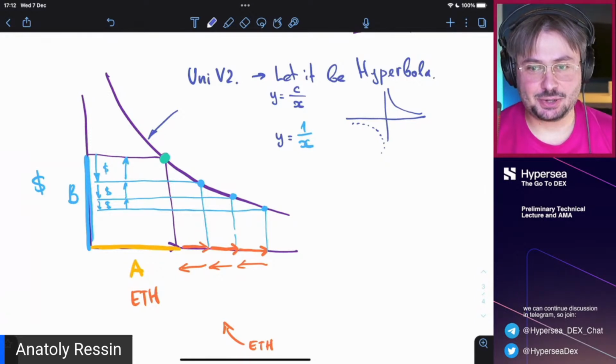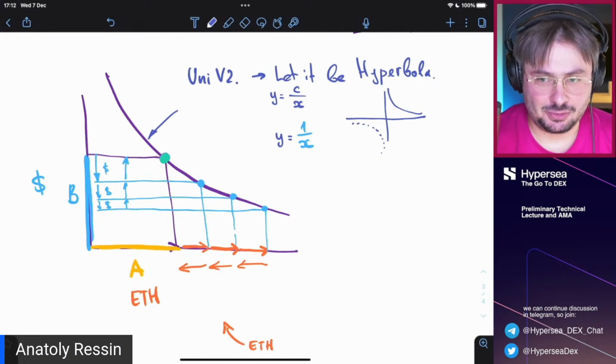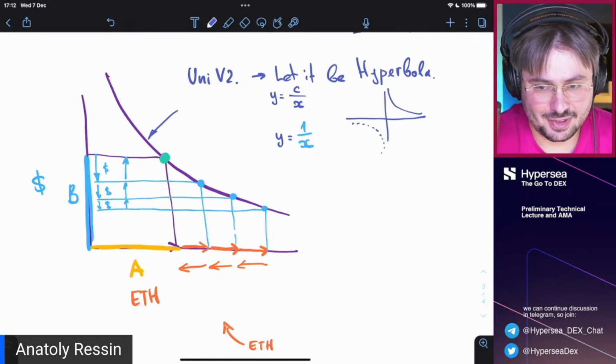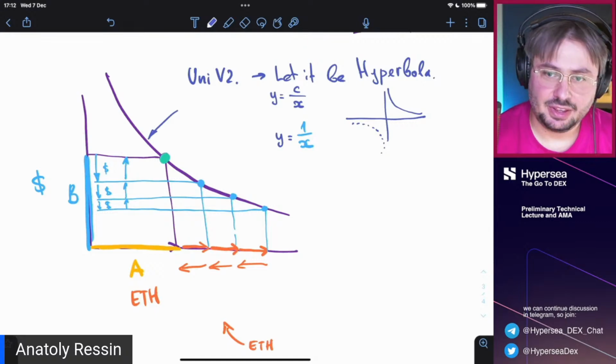And actually markets started to accommodate to this curve, but this curve is not optimal. So the curve itself should adapt to the market, not the market adapt to the curve. And this is a very important thing.